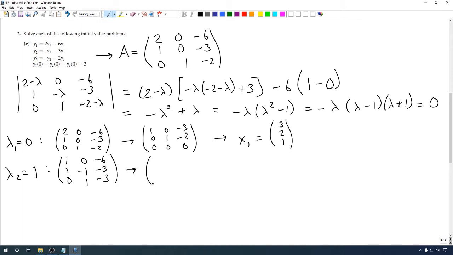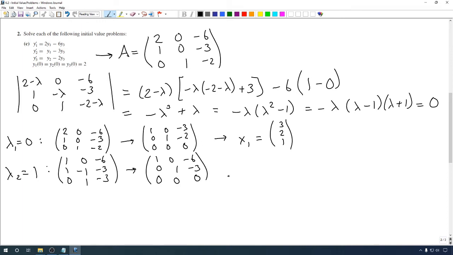And then we do the same kind of thing. Let's go ahead and leave our 1, 0, negative 6 as our first row. I'm going to put the 0, 1, negative 3 as our second row. And then it shouldn't be too hard to see that the second row that we started with is just a combination of the first and third rows. In fact, it's the first row minus the third row.